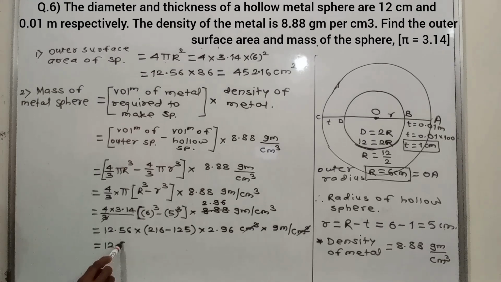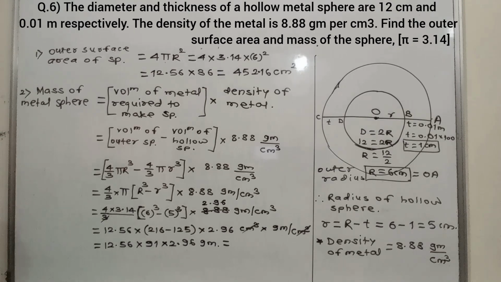So I will write afterwards directly. See here, 91. 6 minus 5, 1. 1 means here 11 minus 2, 9. Carry 1, 1 1 2 and 2 cancel into 2.96 gram is equal to our total answer multiplication.